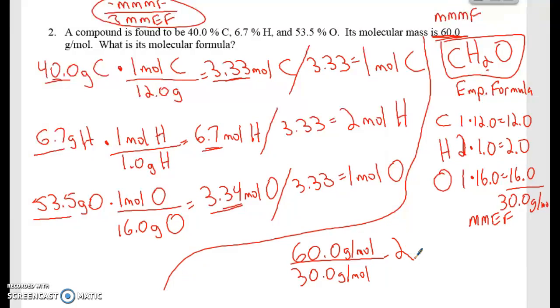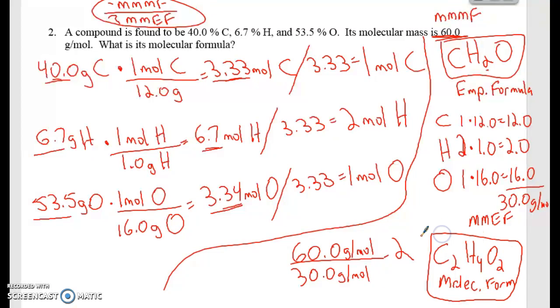If my empirical formula is CH2O, my molecular formula is double that. So I get C2H4O2. And that is the molecular formula.